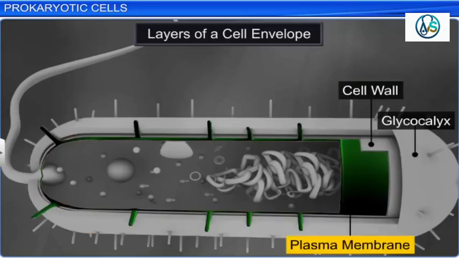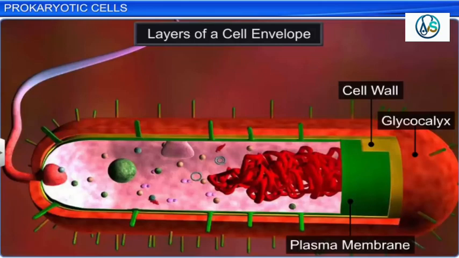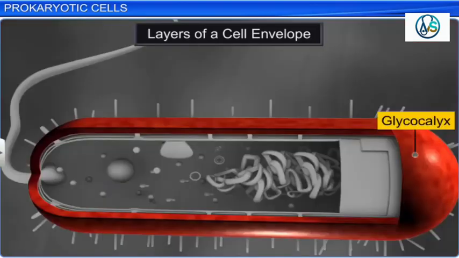The layers together act as a single protective unit, though each has its distinct function. The glycocalyx, for instance, helps prokaryotes such as bacteria to resist antibiotics when they invade host cells.